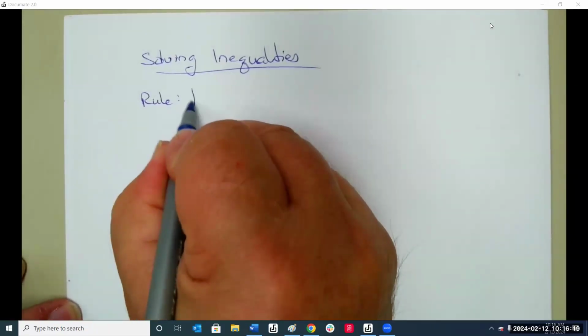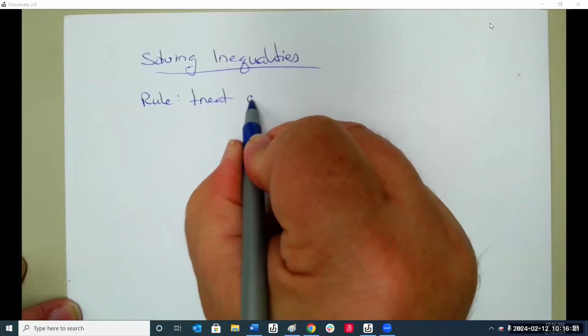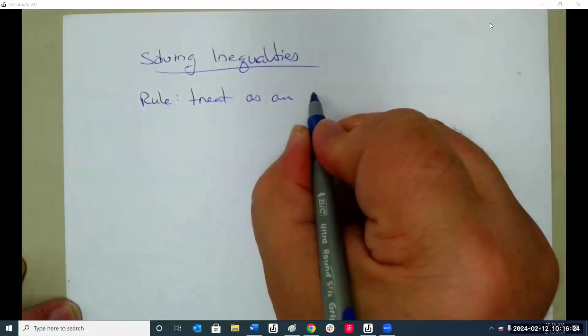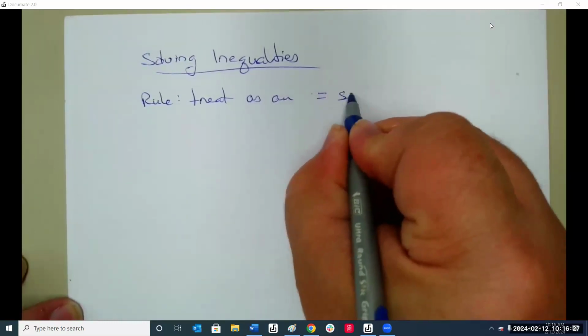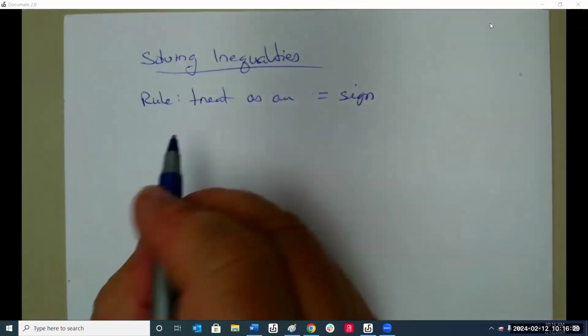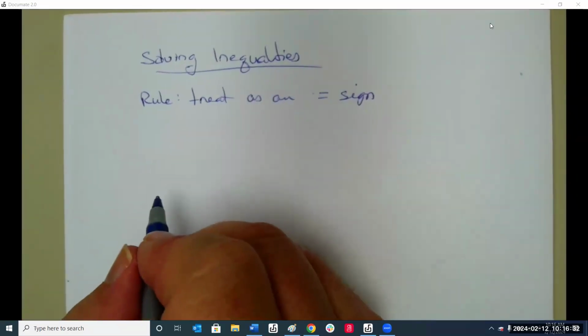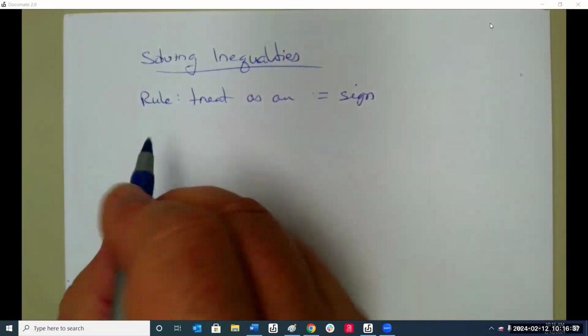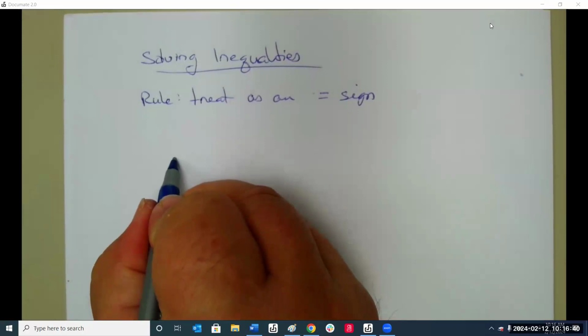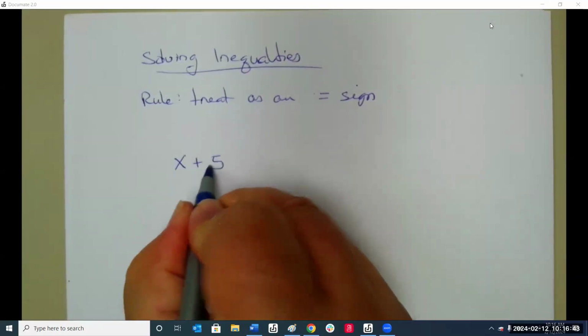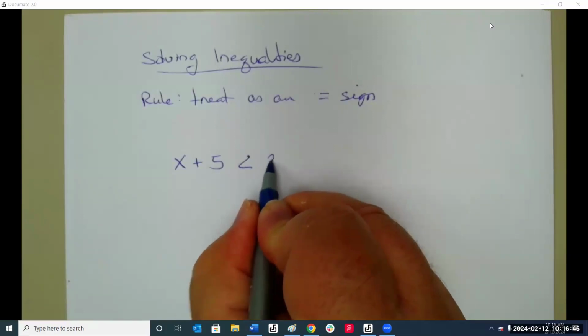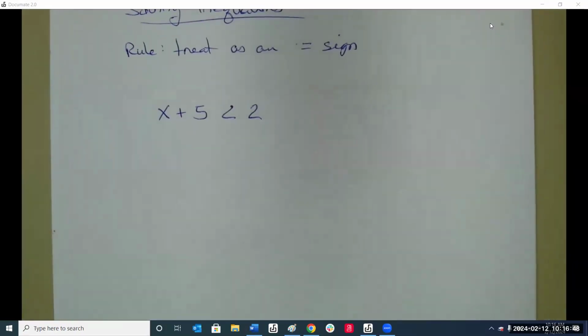The rule: treat it as an equal sign. Here's an easy one. x plus 5 is less than 2.